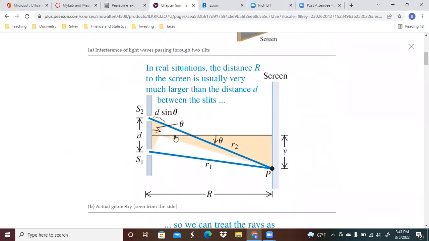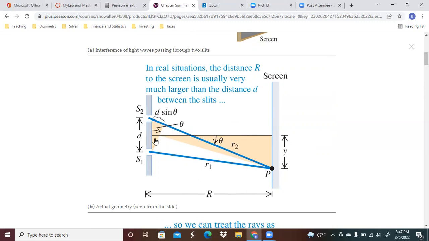So this is the same figure that we saw before, where you have the two slits here. You've got the waves coming through here. They're striking on a screen here at some point P. They're going to have a difference in these path lengths defined as d times the sine of theta.